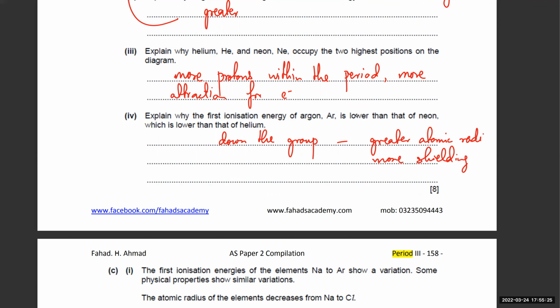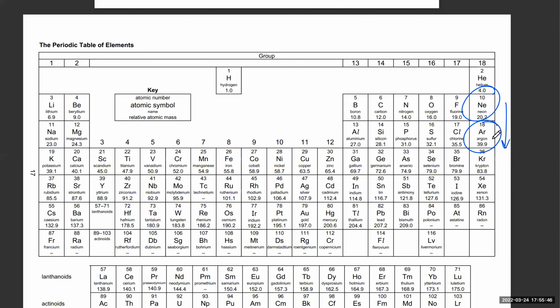There's actually one factor that goes against that, so you can add, despite the fact that protons increase down the group. So two factors suggest that it becomes easier to remove electrons when you're moving down the group. A bigger atom, the electron is much further away from the nucleus, and there are more shells, so it's shielded as well. It's really far away, so it becomes easier to remove electrons, even though it has more protons.